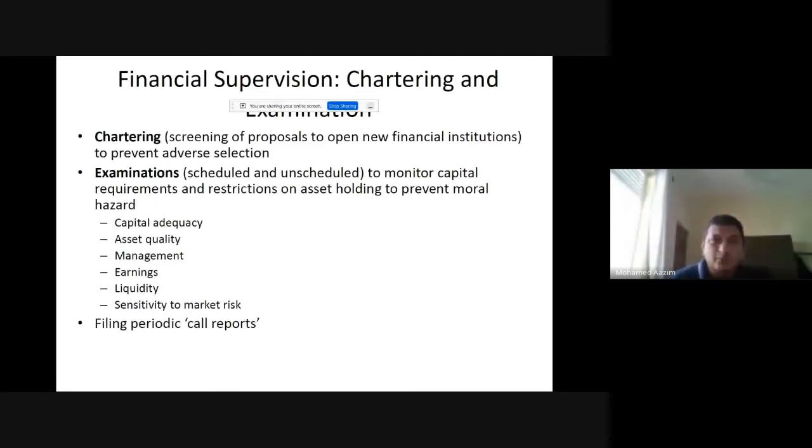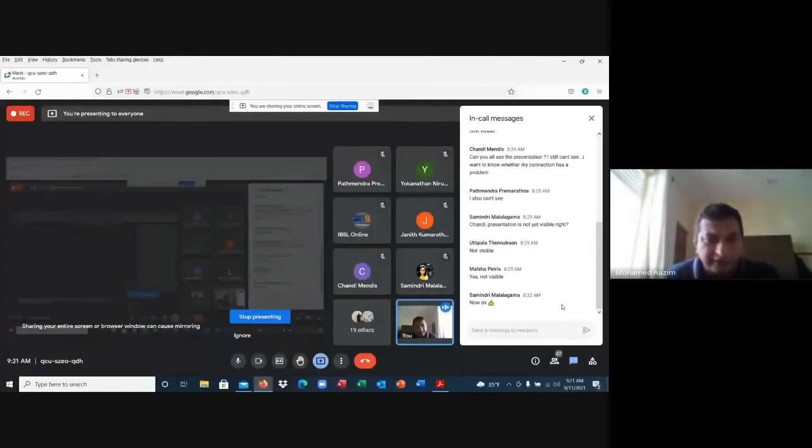Right. So the next point is financial supervision, which is chartering and examination. If you have put down any questions even in the form of messages, I could read them. But this is a very interesting area that we are discussing in today's financial markets, as supervision happens through chartering and examination.